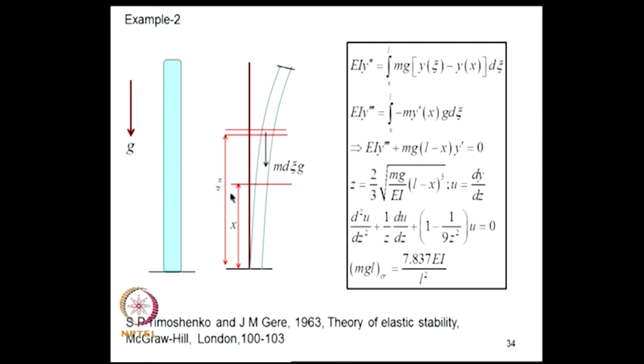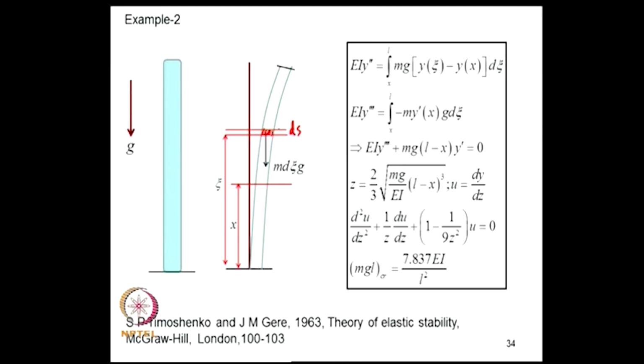So, what we do is we consider again the existence of a neighboring equilibrium position and write the equation for bending moment at a point x. The bending moment is contributed by the weight into the corresponding arms. So, for this infinitesimal element, this is d psi.